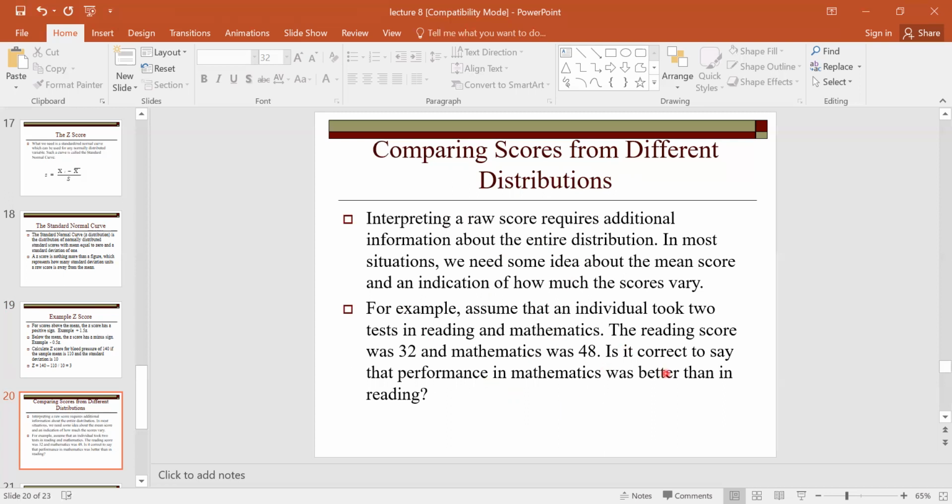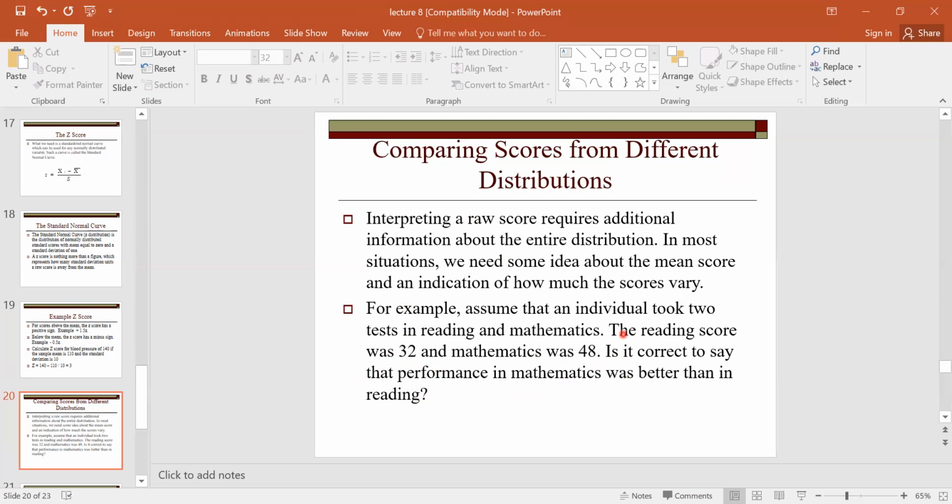For example, assume that an individual took 2 tests, in reading and mathematics. The reading score was 32 and mathematics was 48. On the basis of this score, one can conclude that the student is better in mathematics as compared to reading. So this is one way to interpret this, but without any evidence.